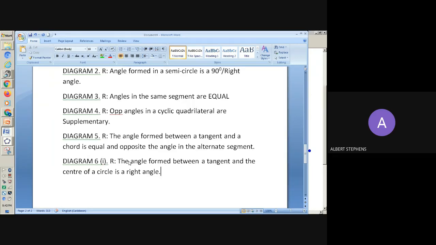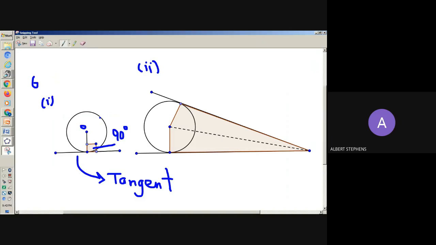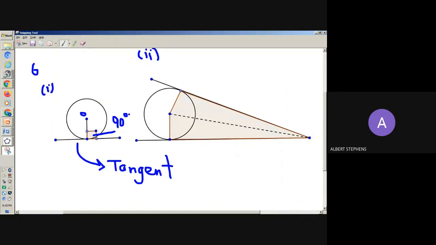All right, now the last one is very tricky. Look at the last one, class. Notice how many tangents do we have to the circle? We have two. If one tangent to a circle forms a 90, then with two tangents to a circle I'm going to have two right angles, a 90 right here and a 90 right there. That's my center.